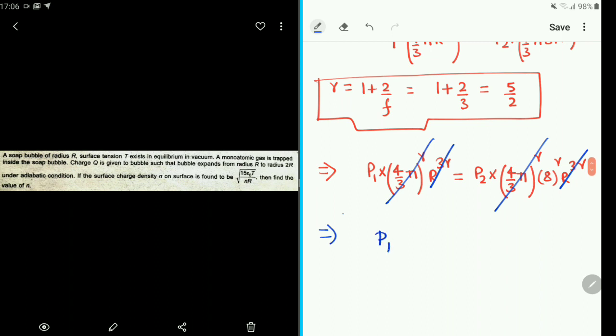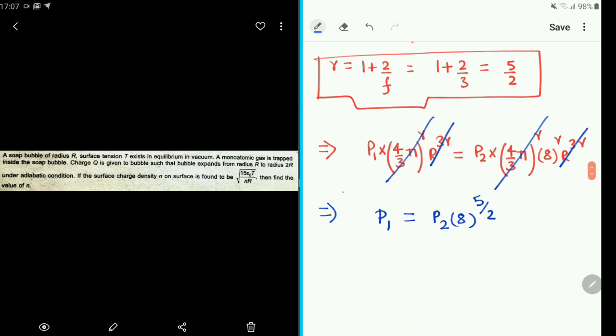Initially the volume was 4 by 3 pi r cube, and that will be equal to P2 into the final volume, which is 4 by 3 pi 8 r cube, since the radius has increased to twice its value.